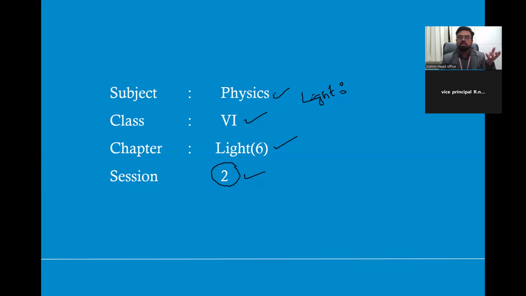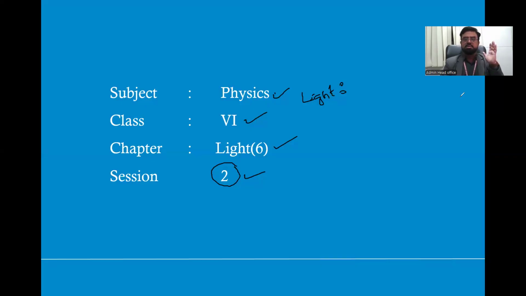Whenever light comes, that energy makes us see and identify objects by falling on our retina. It creates a sensation on the retina and makes the object visible. Such a form of energy is called light. Clear? It is a form of energy which creates a sensation of vision, or which makes objects visible for us.